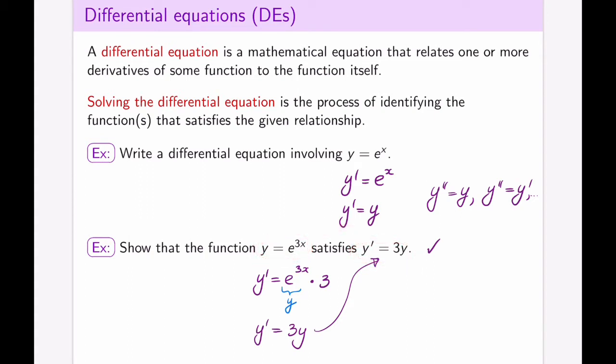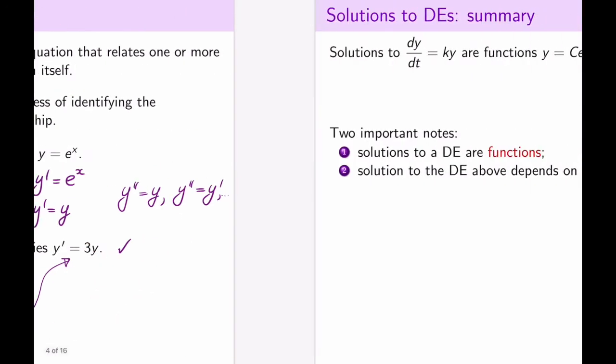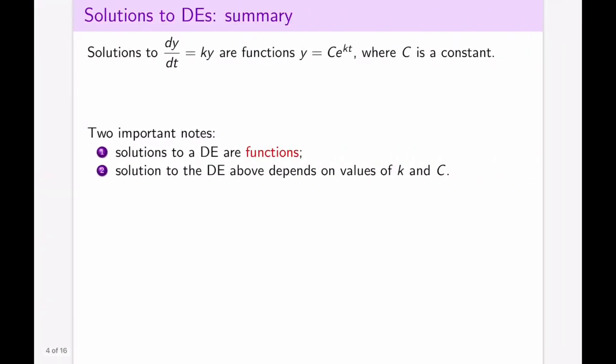Now, this is the simplest differential equations and the nicest functions to work with, and we can generalize this result to something that involves not just a number 3, but a general constant k. So notice here that I have rewritten my equation in the dy by dt form, but I can also work with it in the y prime form. y prime is equal to ky.